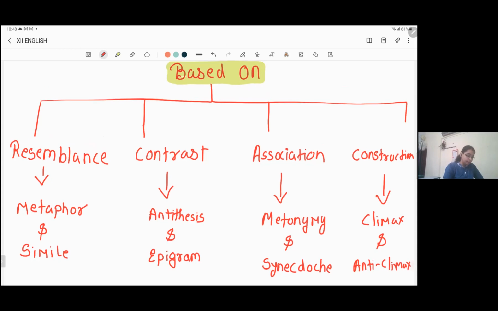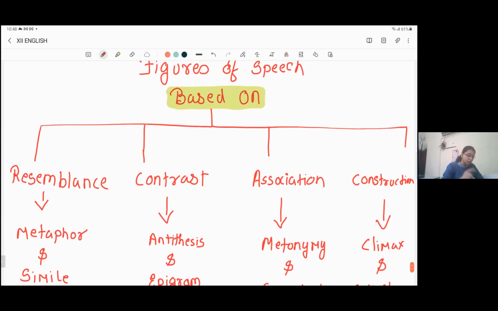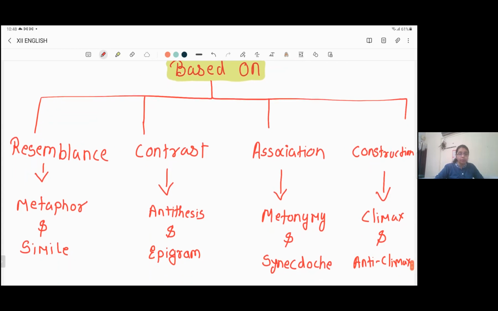Clear? Now, figures of speech based on resemblance, that is metaphor and simile; contrast, antithesis and epigram; association, that is metonymy and synecdoche; and based on construction, it is climax and anticlimax. Now, from these, what are you all going to learn? Just see this.